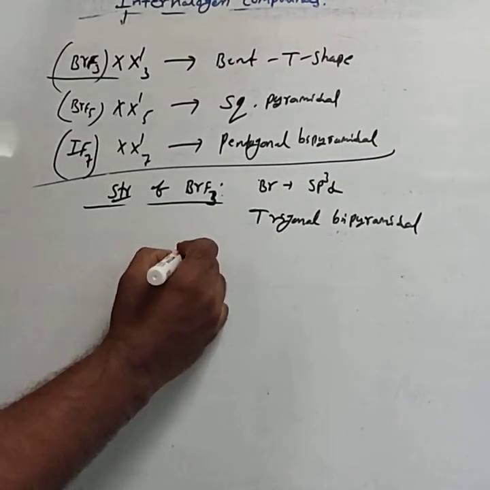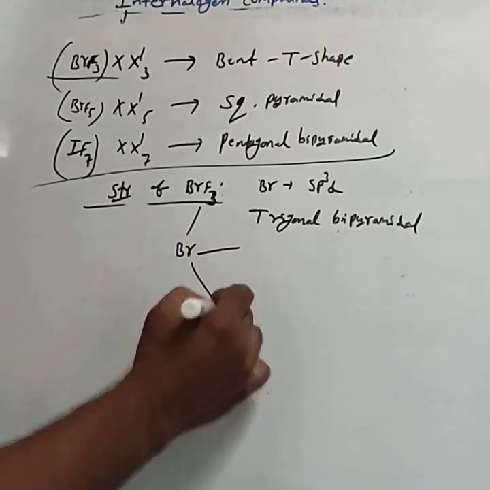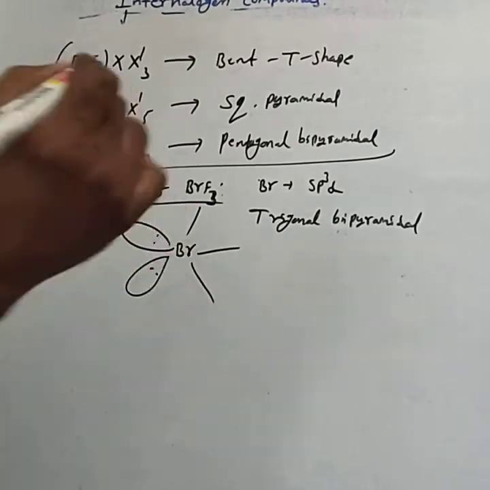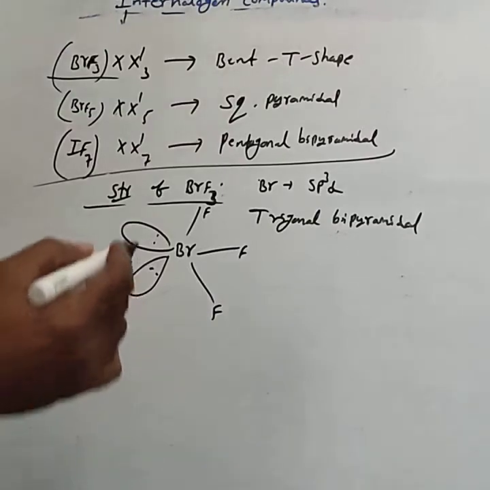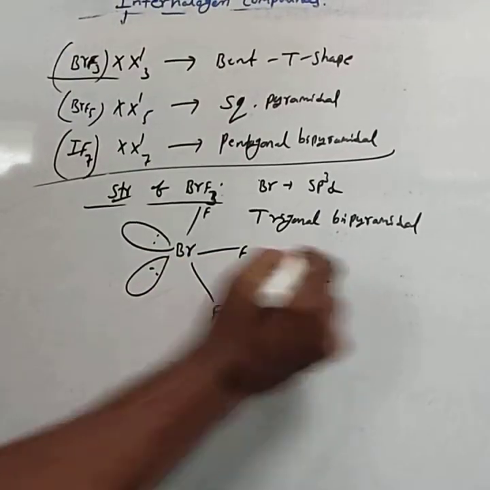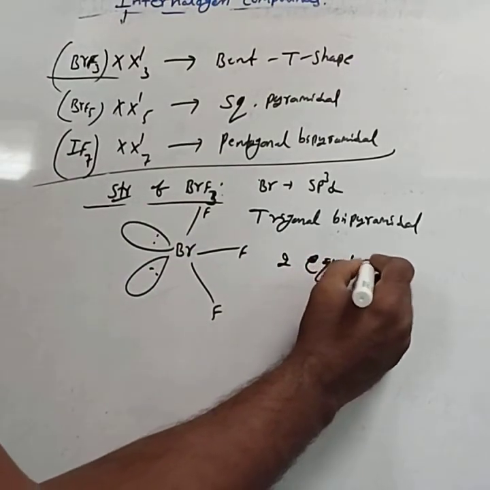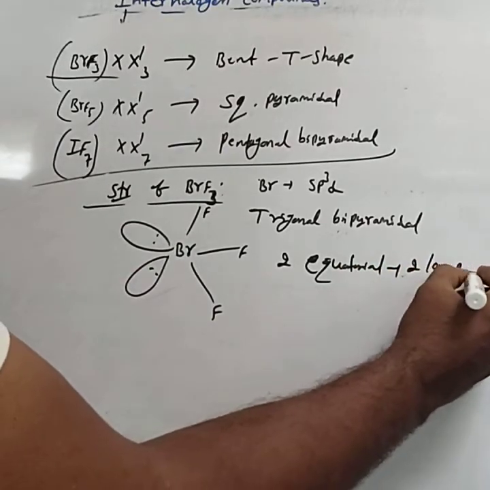This is the central Br atom, and these are the fluorine atoms. Here are the two equatorial positions, which contain two lone pairs.